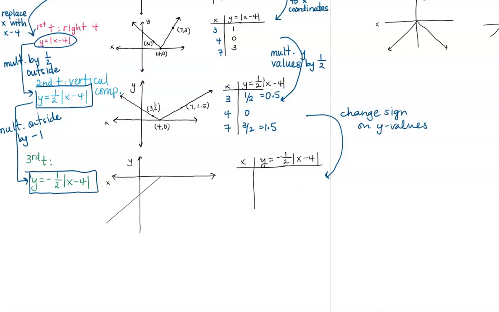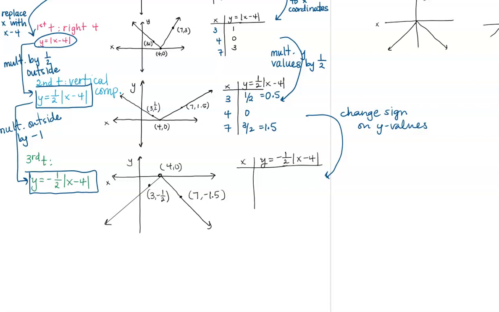First I'll just draw what the graph looks like, and then I'll label the points. So this is the point for 0 still. (7, 1.5) has flipped over to (7, -1.5), and then (3, 1/2) is now flipped over to (3, -1/2).